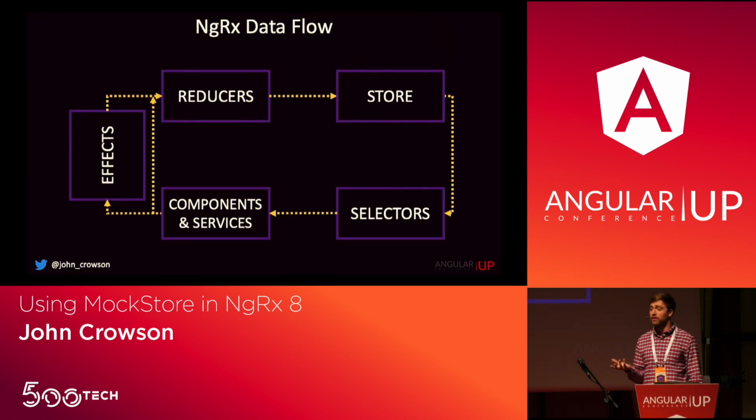Our effects optionally can intercept those actions and perform side effects, main example being performing an API call. And then those effects dispatch actions as well. And finally, our components and services listen to the latest state from the store using selectors, which allow us to pick out a very specific piece of state.